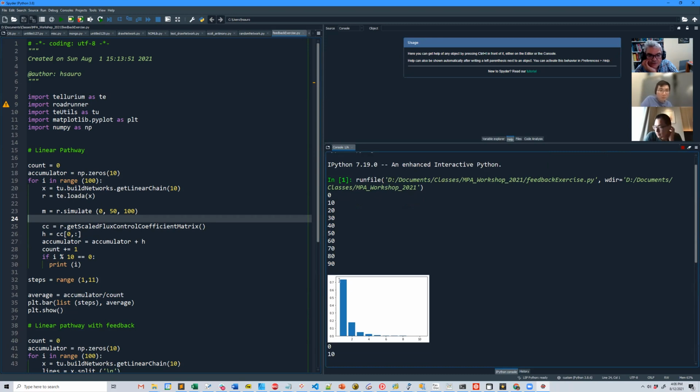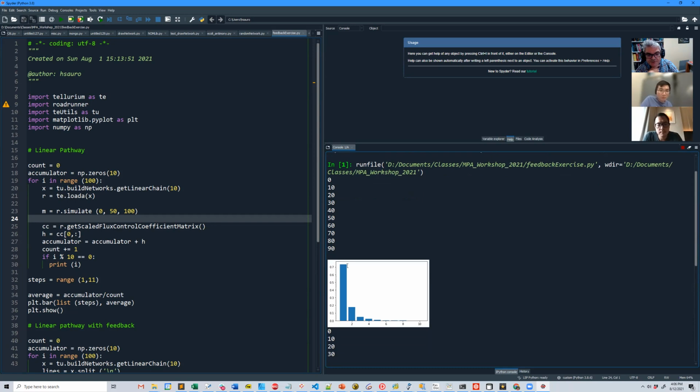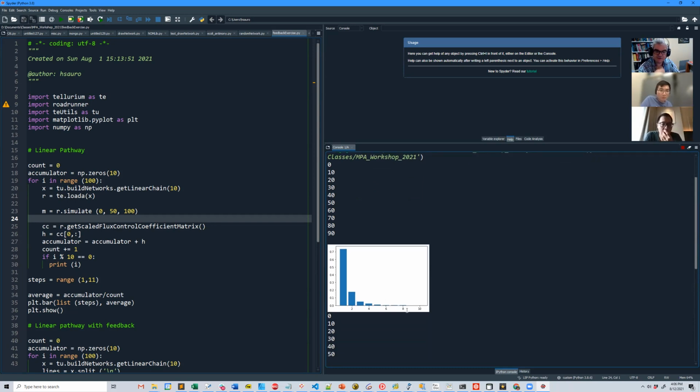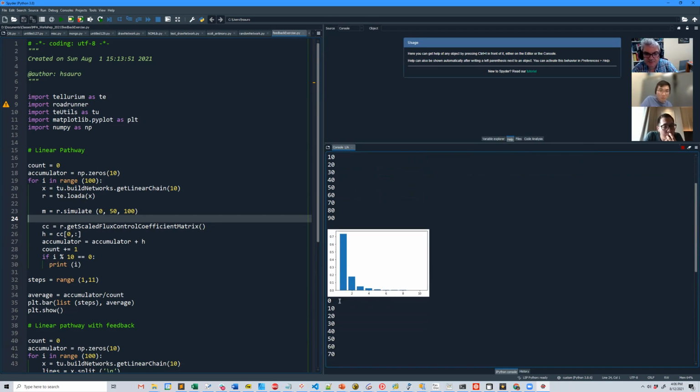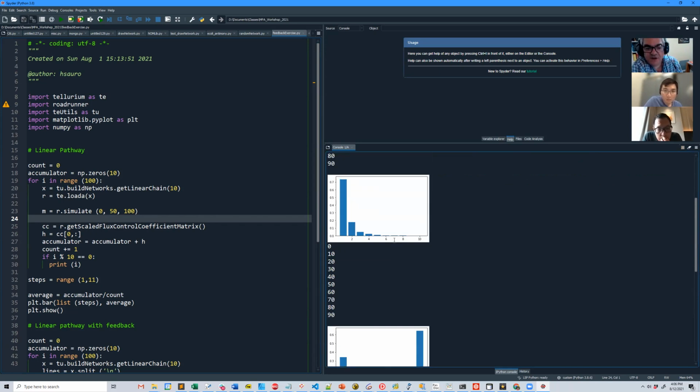So we have this unusual observation that most of the sensitivity is in the first step, and then it declines pretty quickly as you go from step to step. The x-axis is the step number, so that's the first step, and the number 10 is the last step, and the y-axis is the sensitivity value.